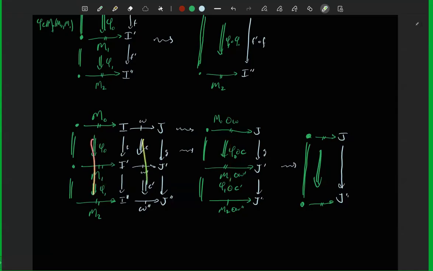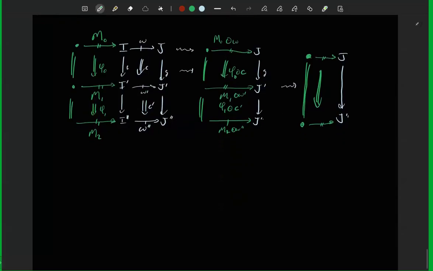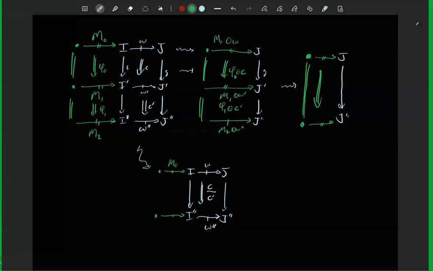But we could also do the tight first, right? And then we could reduce it again. And the law we need is that those two are the same.